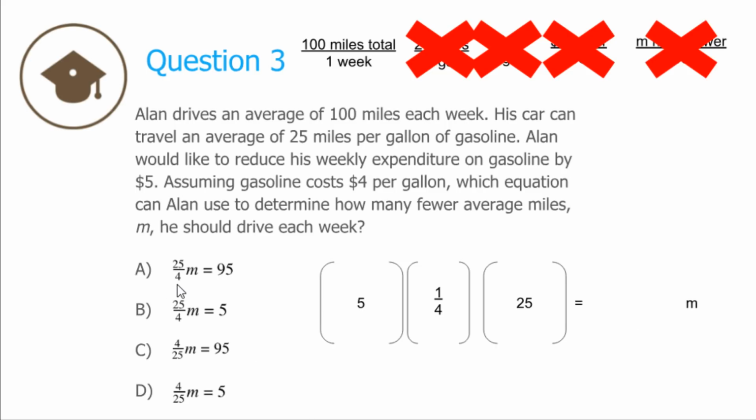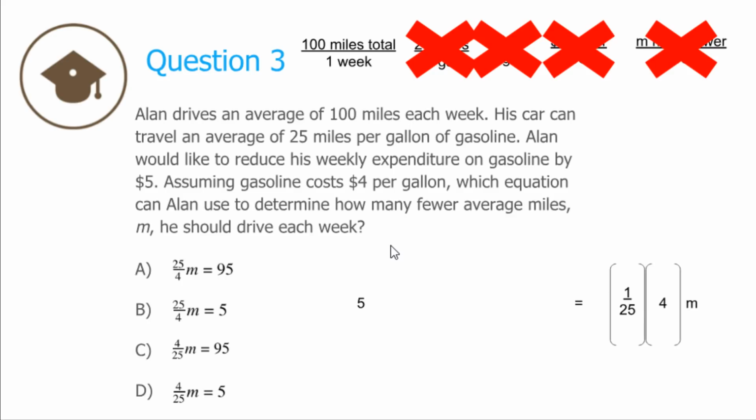I'm noticing that there's a fraction with 4 and 25 next to the m. I'm thinking I want to move our 4 and our 25 next to the m. So to do that, we want to multiply by 4, divide by 25, and we get 5 equals 1/25 times 4m. Bringing that together into one fraction, we get 4/25 m. So looking at our answer choices, this matches up perfectly with D, which is our answer.